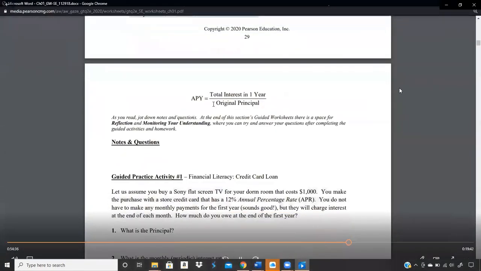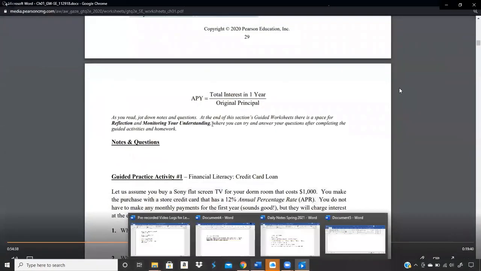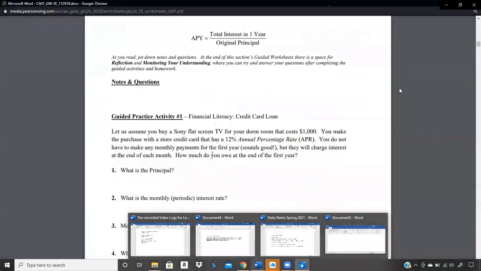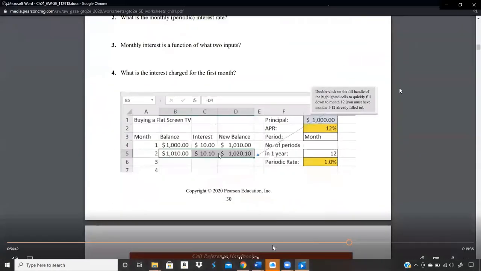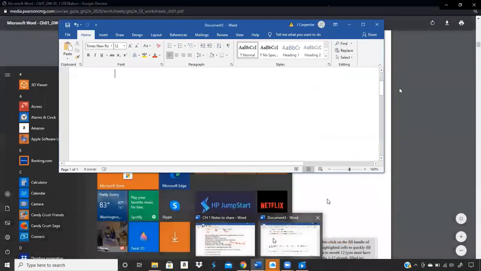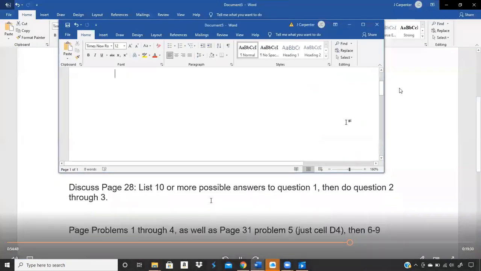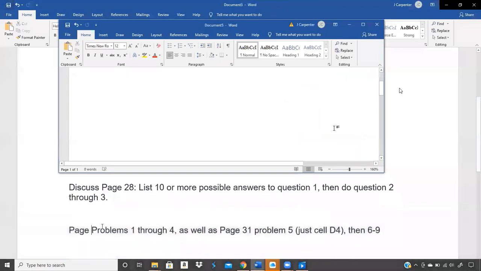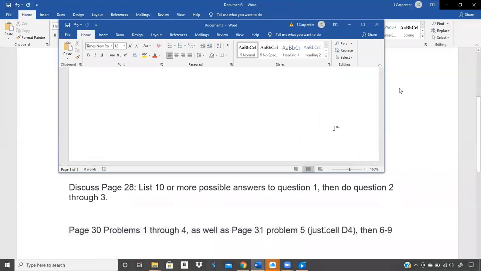And again, here's your APY formula, which will be part of this. So this is the next guided activity, page 30, that we referred to over here. Page 30, 31, problems 1 through 4, as well as problem 5, and then problems 6 through 9.